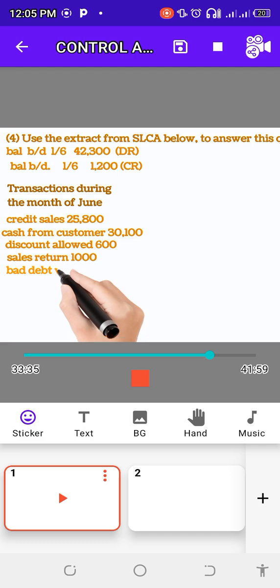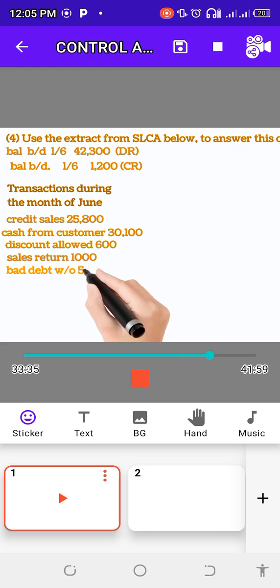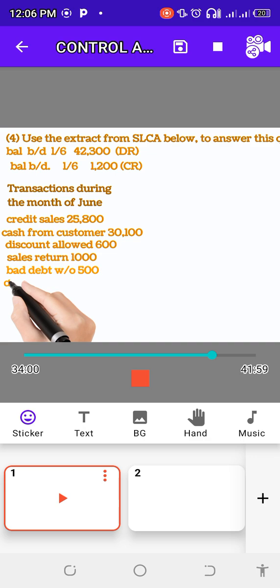You have bad debt written off, which is 500. Bad debt written off is different from allowances for bad debt, and is different from provision for bad debt. Provision for bad debt is not taken into cognizance here.